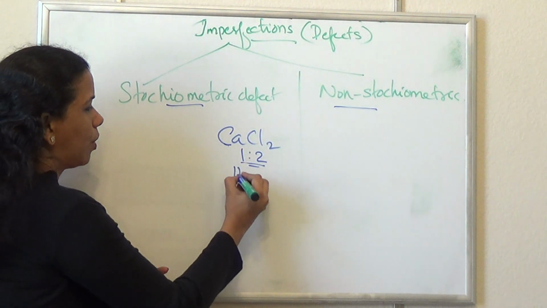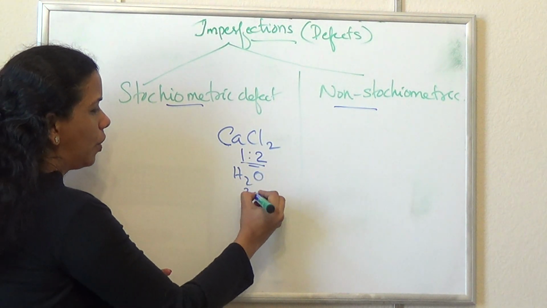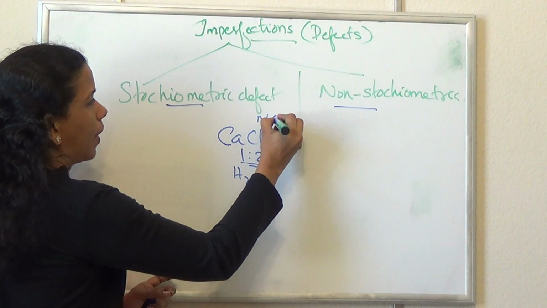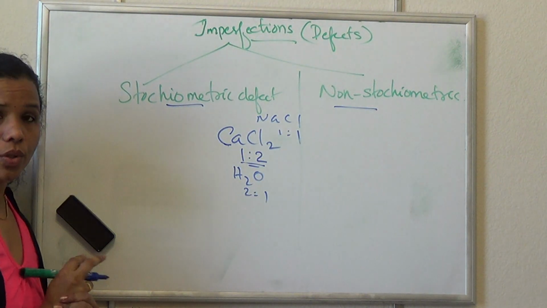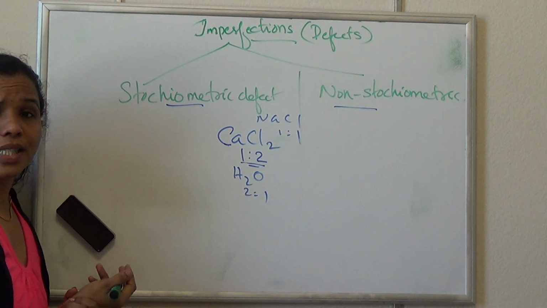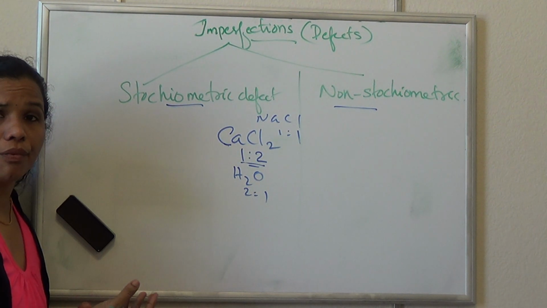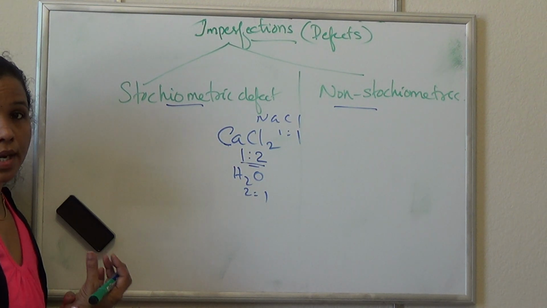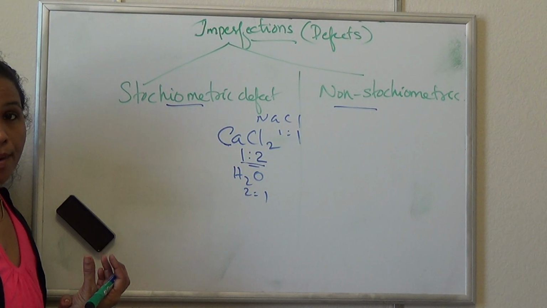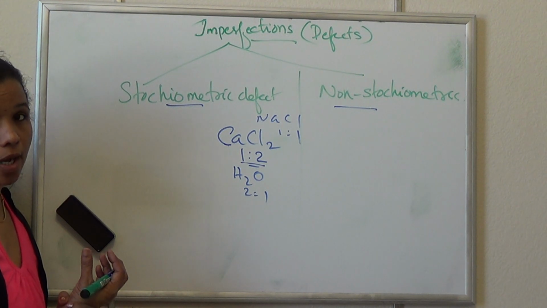Or in H2O, the ratio is 2:1. Or in sodium chloride, the ratio is 1:1. So, stoichiometry is a simple ratio of different types of atoms present in a compound.